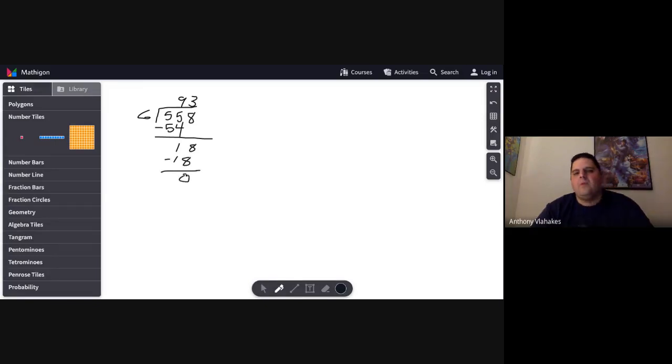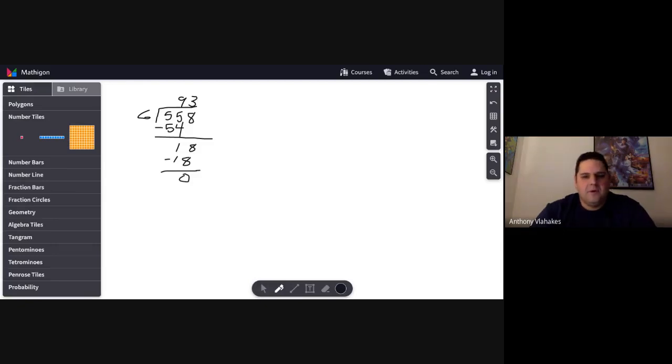Okay. What the partial quotient method allows us to do is, for somebody who's a beginner at this, it allows them to actually make a mistake and still not get the answer wrong. If we're using the standard algorithm here, you would have to know that it goes in 9 times and do it that exact amount of times.